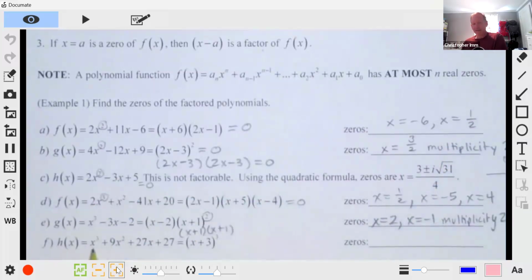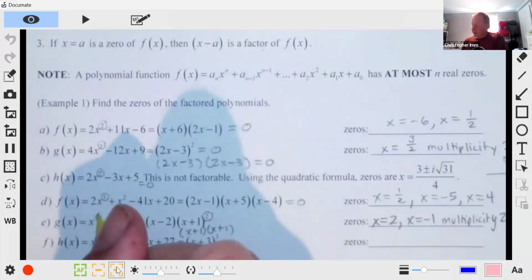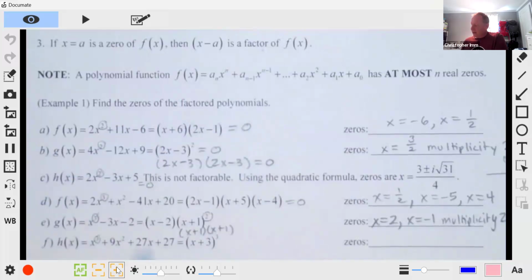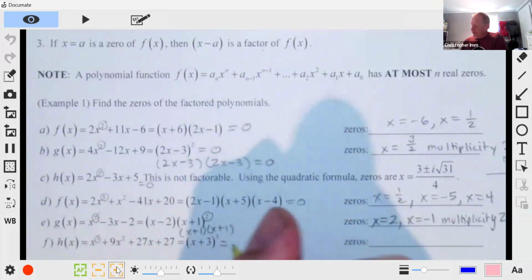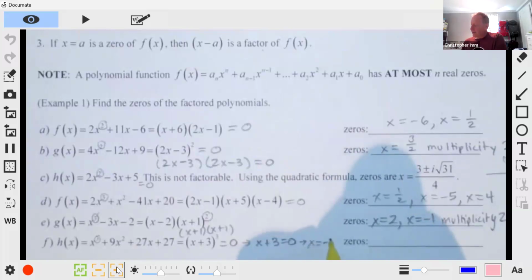Finally, we have this cubic graph here. So we're looking for 3 zeros, just like the 2 above it. But this time, if I set this equal to 0 and solve for x, I would take the cube root of both sides and get x plus 3 is equal to 0, or x is equal to -3.